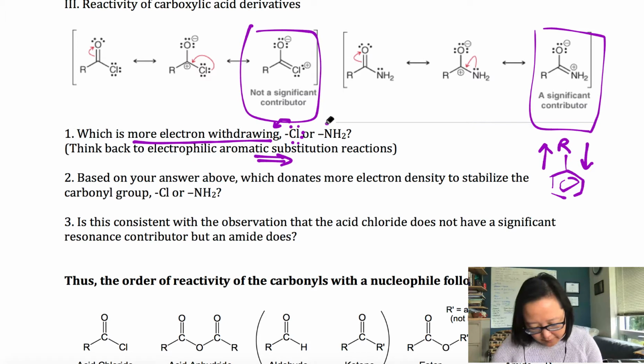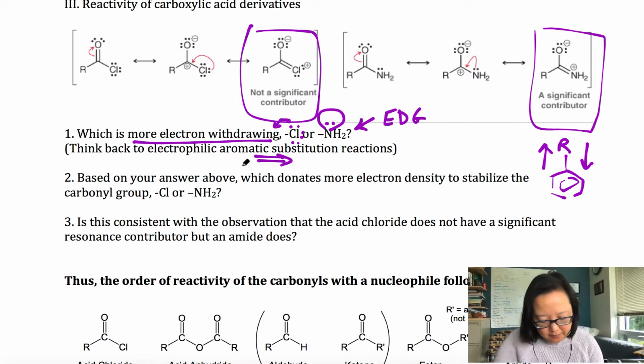Nitrogen here, I think we almost always thought of as a donating group because of its basicity. So that lone pair is able to donate itself more so than with the chlorine. So we normally thought of this as an electron donating group, whereas with the chlorine, we thought of it as an electron withdrawing group. So it would withdraw electrons toward itself.